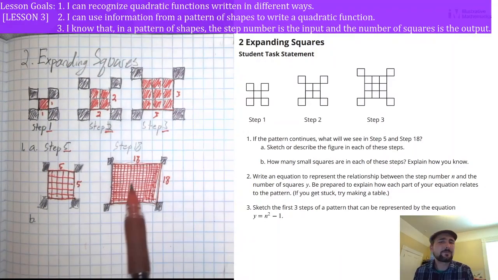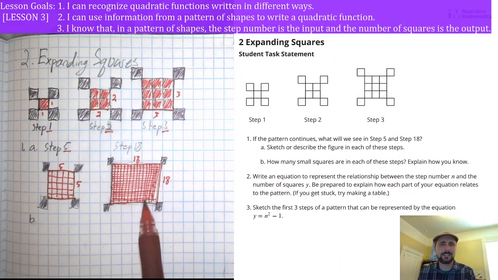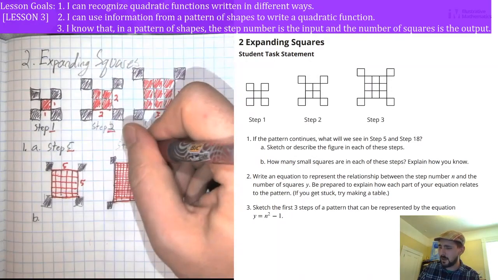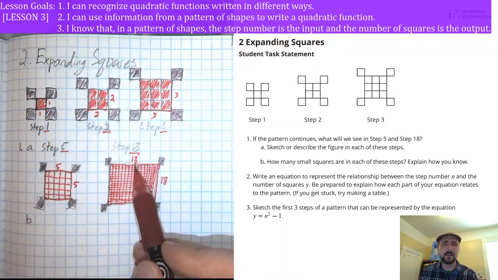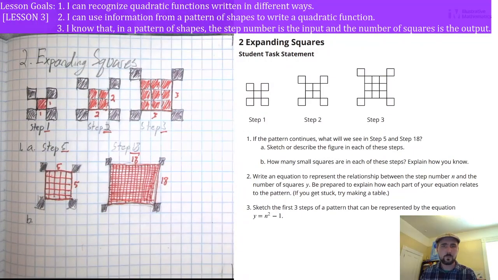But obviously, making all these squares isn't a good way to do this. So I really know it's going to be 18 across, even if I miscounted in the middle.